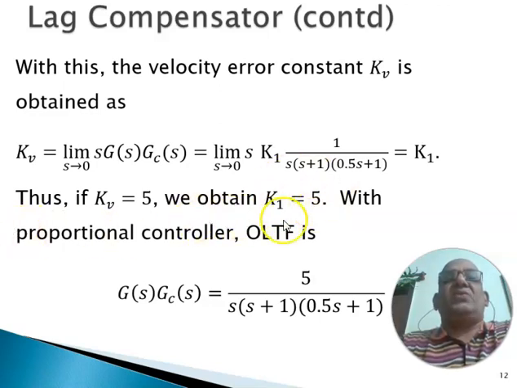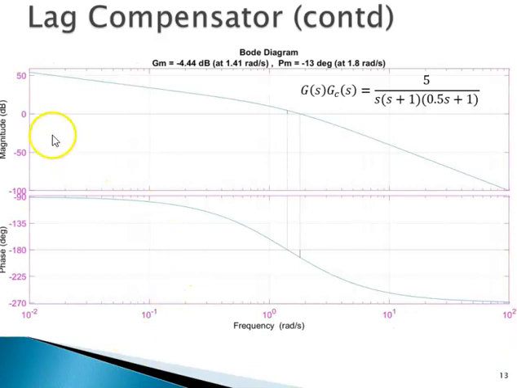So with this choice of K1, the proportional controller, we have the open loop transfer function as given by this, with 5 in the numerator. We draw the Bode plot for the transfer function with gain adjusted to be 5.